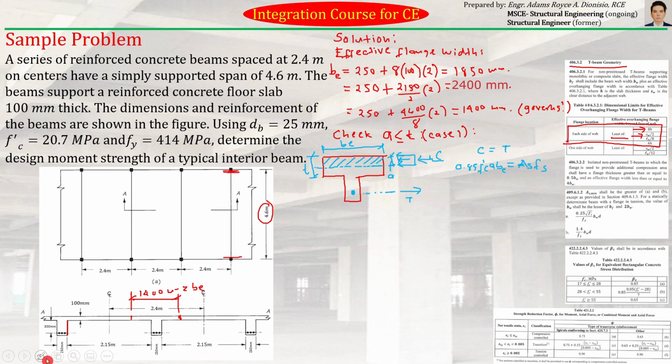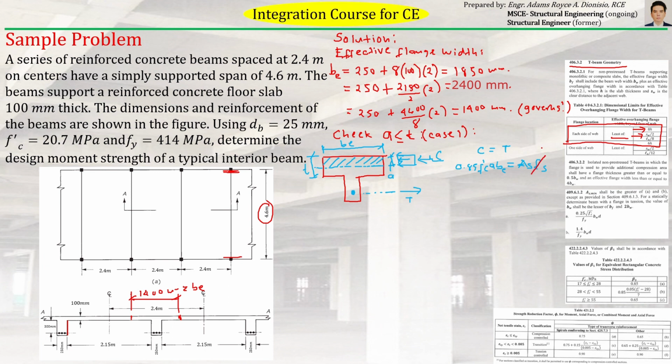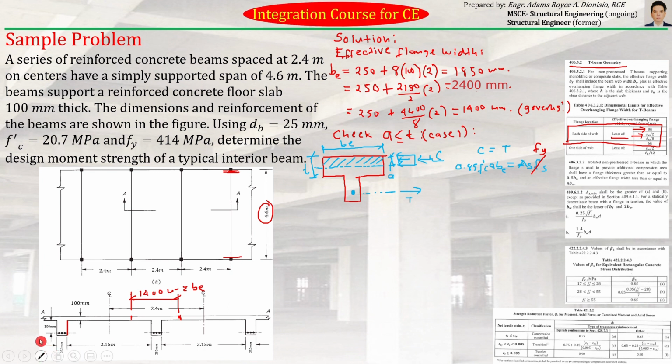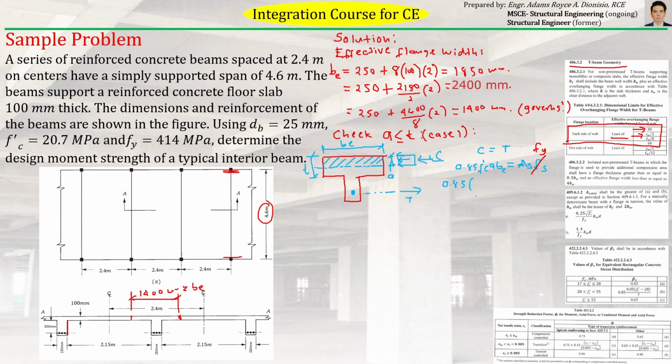But then again, since we are assuming that this is a properly designed beam, wherein dapat yung tensile reinforcement niya ay nag-yield, we will just assume na yung Fs natin is just equal to Fy, showing na yung tension reinforcement nag-yield.